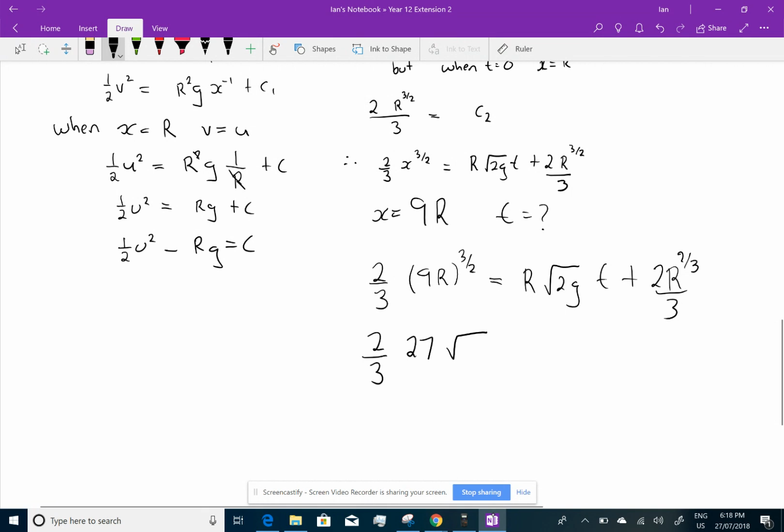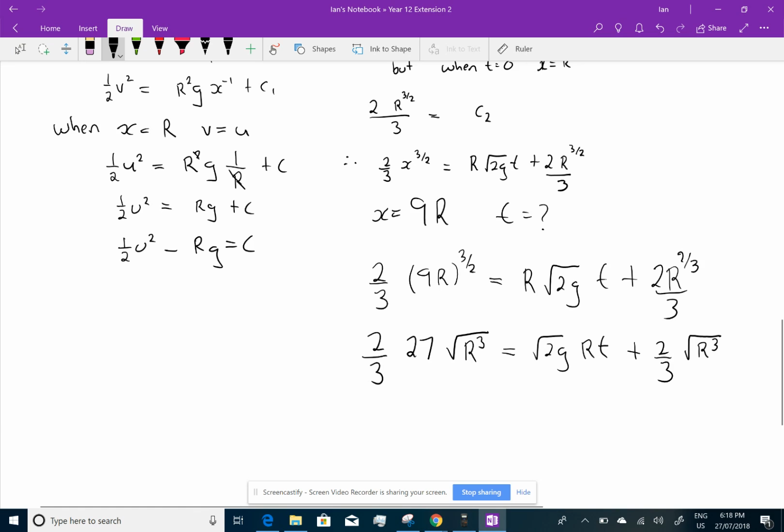The square root of r cubed equals root 2g rt plus 2/3 the square root of r cubed.